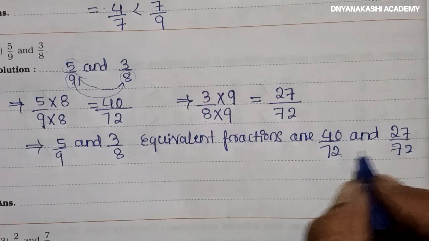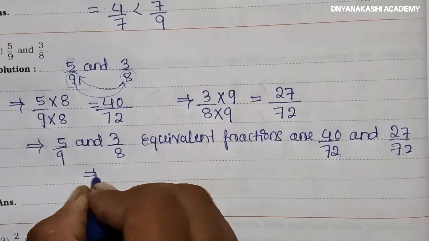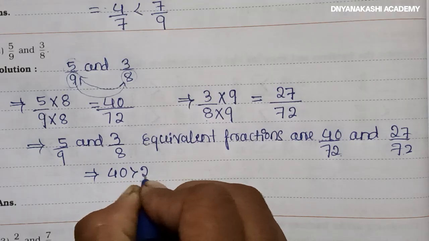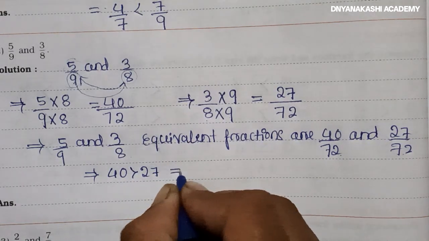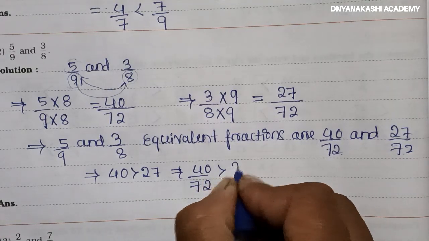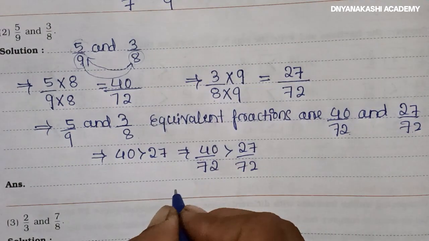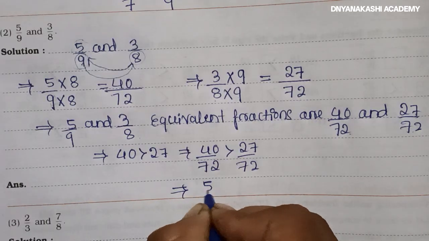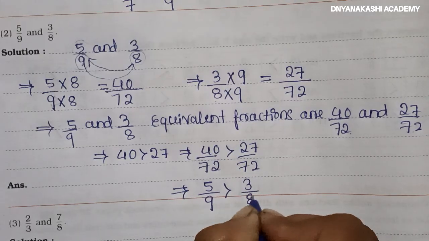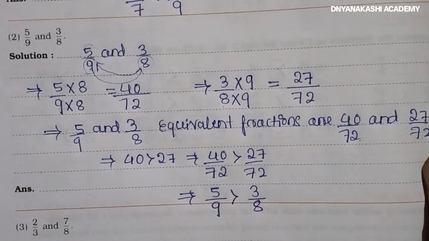Here the denominator 72 is the same, so I compare the numerators. 40 is greater than 27. That's why 40 by 72 is greater than 27 by 72, and also 5 by 9 is greater than 3 by 8. This is the comparison between the given fractions.